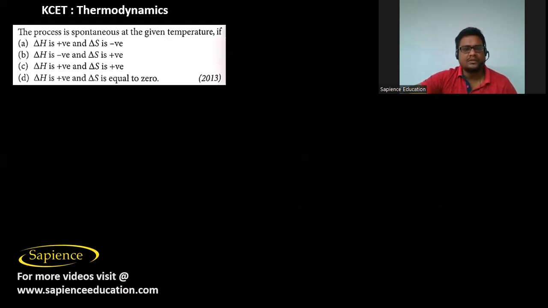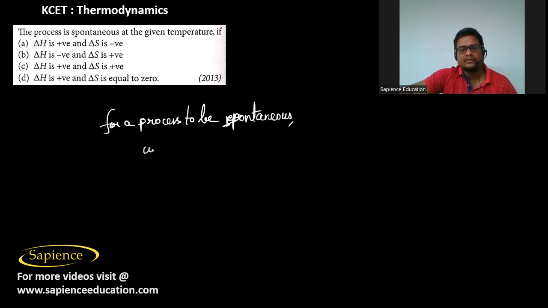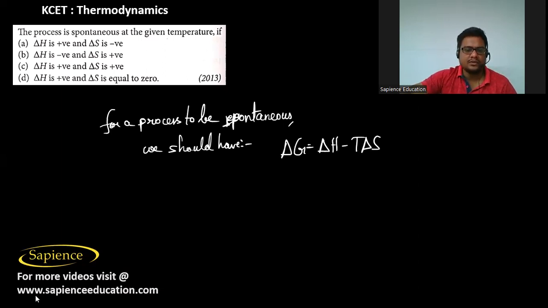Then it is asked: the process is spontaneous at the given temperature if. For a process to be spontaneous, delta G equals delta H minus T delta S, and the change in Gibbs energy should be negative.